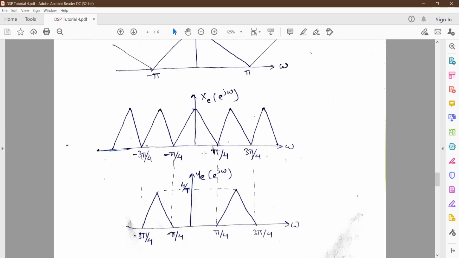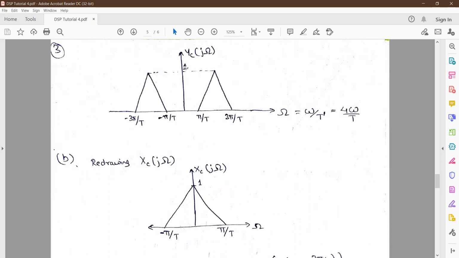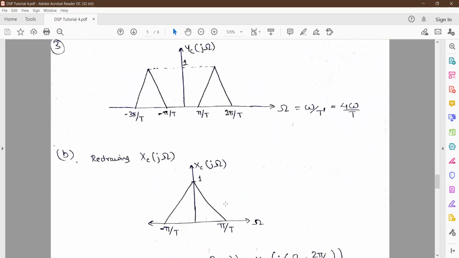So 4 by T multiplied with T by 4 is equal to 1. And π by 4 multiplied with 4 by T becomes π by T, and so on. So the frequency axis will also get scaled accordingly by a factor of T'.